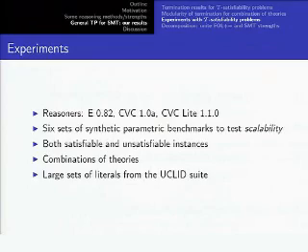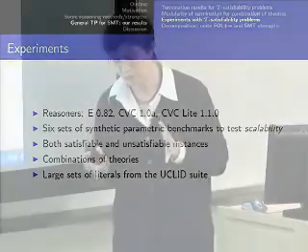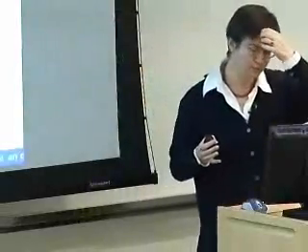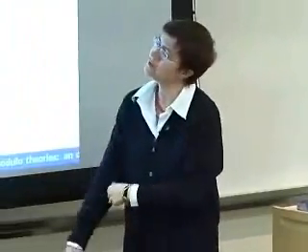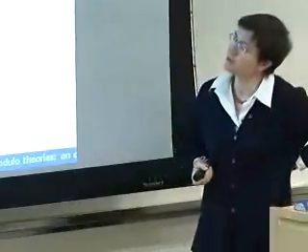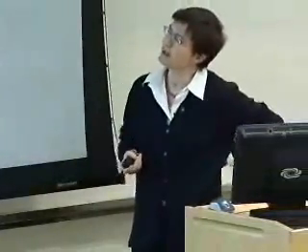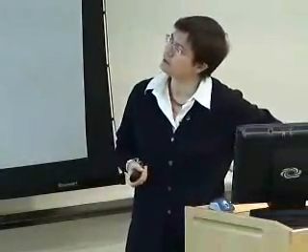Now, up to this point, we were working on T-satisfiability problems. So we conducted some experiments. This was a few years ago. So we used the systems that were available back then, version 0.82 of E and version 1 of CVC and 1.1.0 of CVC Lite.